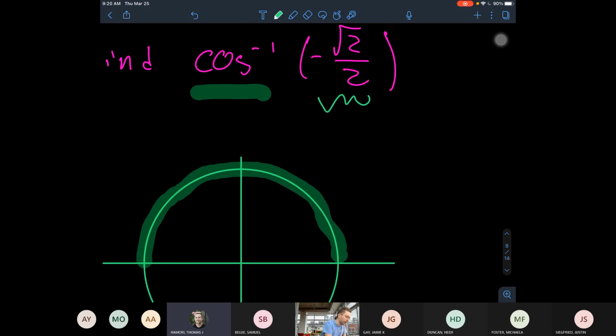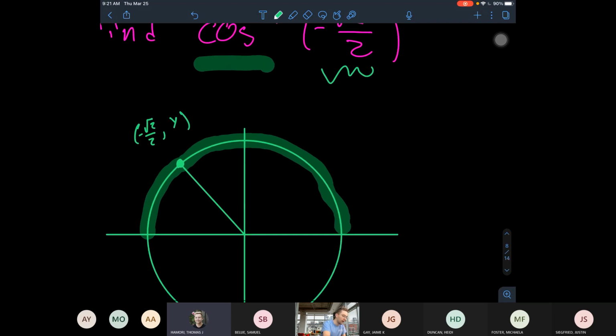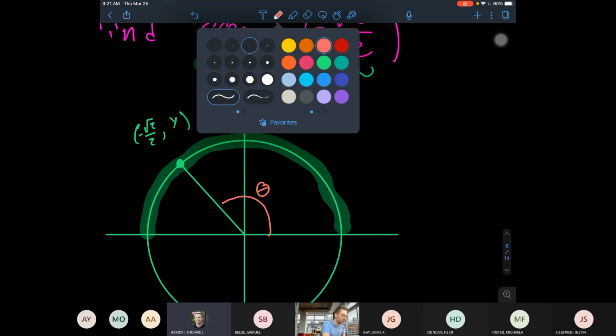So I'm just going to pick a point here and say, okay, maybe that right there is the point negative square root 2 over 2, comma, y. And I don't know what y is for the time being. And my end goal is to find out what is this angle, theta. I want to know what is that angle, theta.